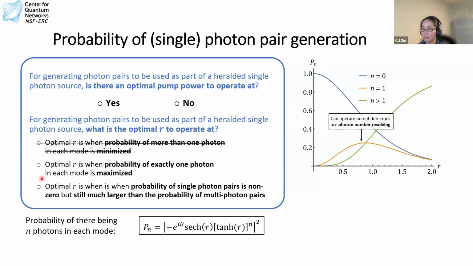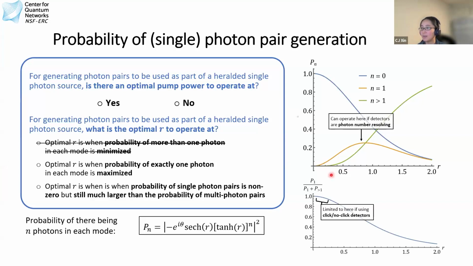You can quantify that by plotting the ratio of how many clicks out of all the clicks that you receive correspond to single pairs, and that's how you would plot this.